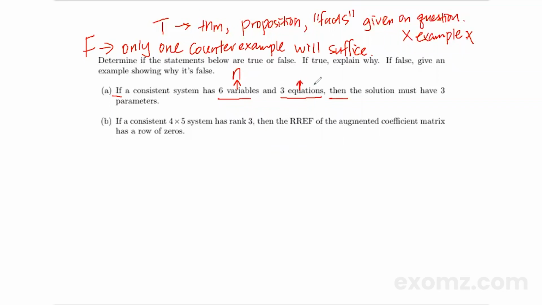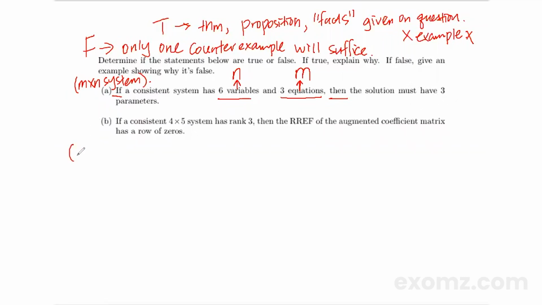For equations, it's the number of rows, so this is m, because we always have an m by n system. Then it's saying that the solution must have 3 parameters.